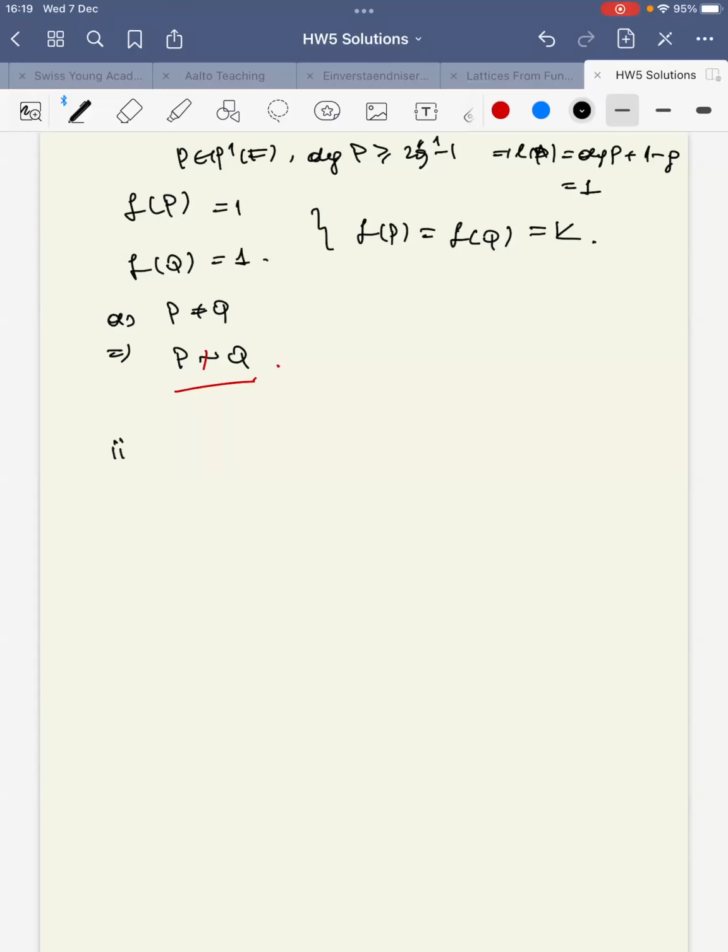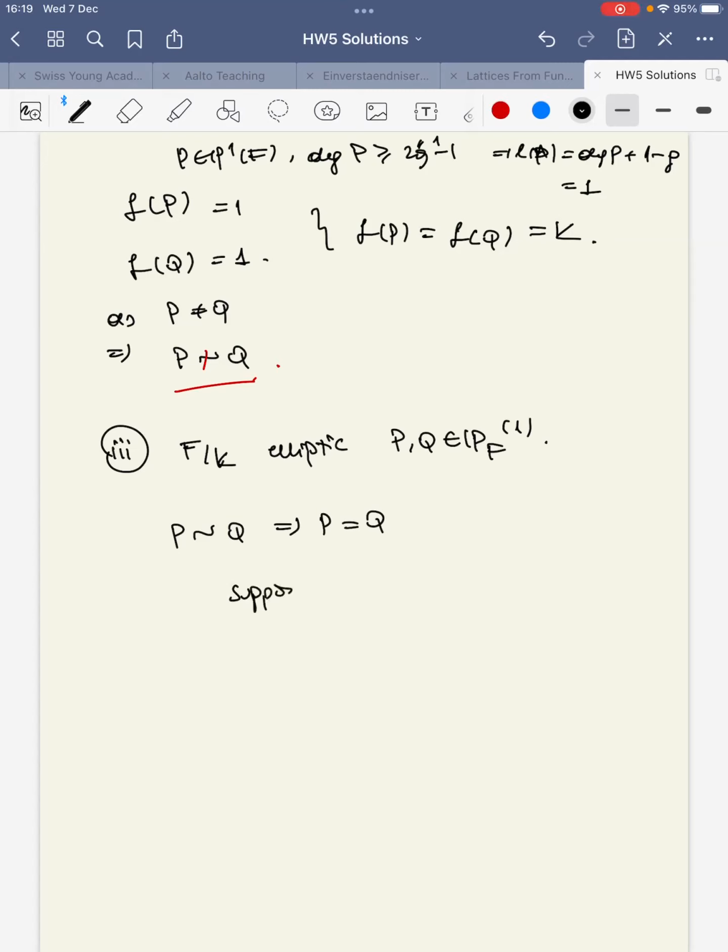In the third statement, all of these statements can be explained by the same arguments. We are given an elliptic function field with two rational places, and it is claimed that if they are equivalent, they should be the same. Suppose not, so that means they are not the same.